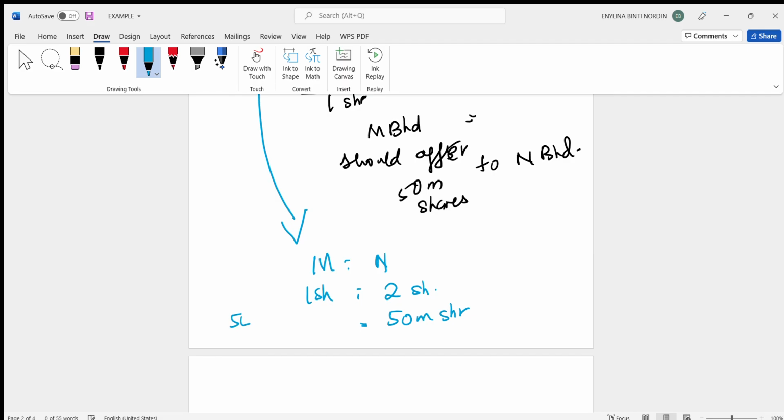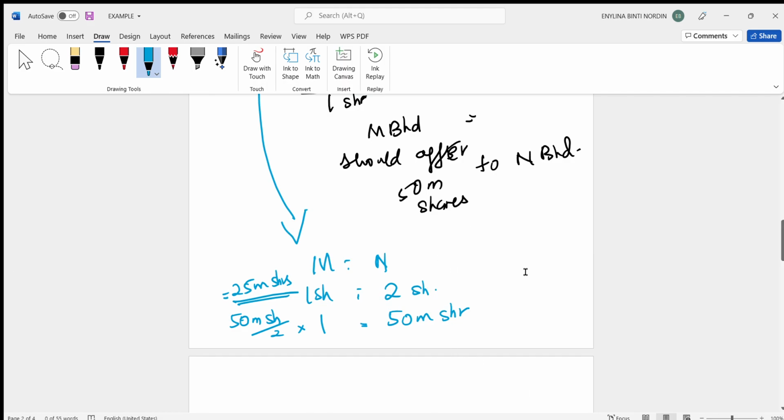You divide 50 million by 2 and multiply by 1. The number of shares offered by M Berhad equals 25 million shares. That is another situation, if the exchange ratio is 1 to 2.